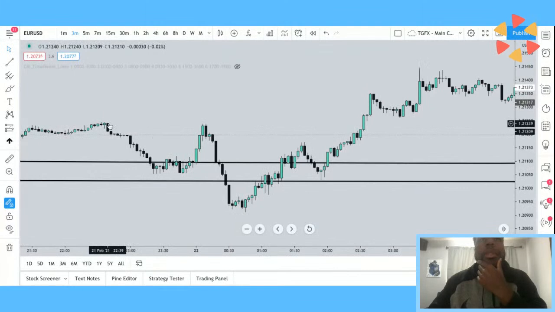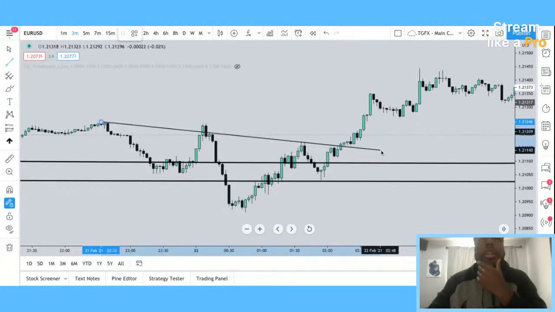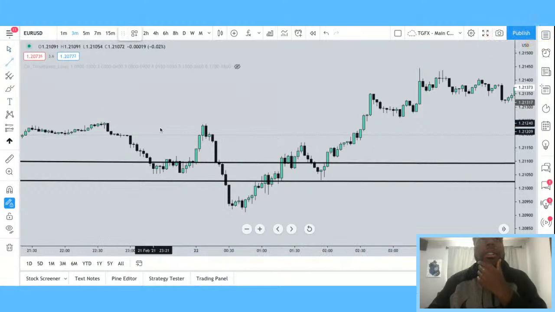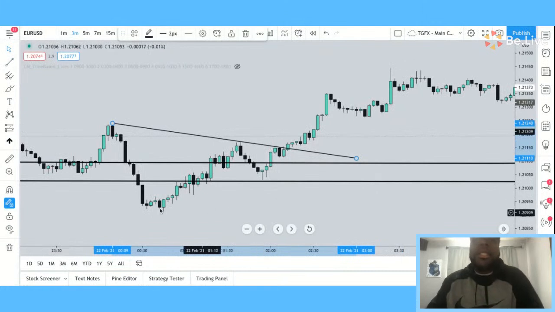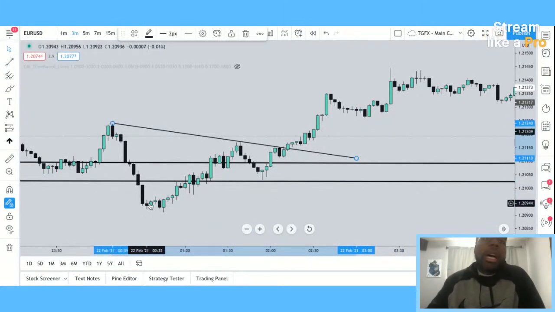Now you can see these points were kind of high in order to draw a trend line off of. Like for an example, if you're trying to draw something like this, it wouldn't really work. Now you can draw from point A to point B here. And you can see we did get a break, retest, and then engulfings here. But nonetheless, what you can see is that we wouldn't have wanted to buy it until price confirmed that it was transitioning.